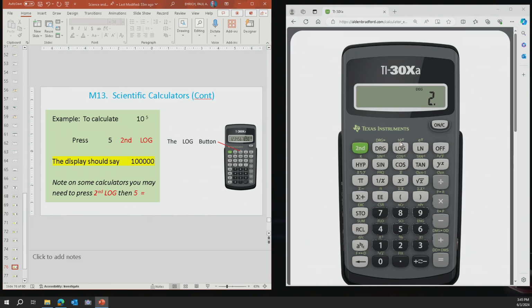That means we need to hit the second function key. So let's clear this. We're going to enter a 5, then press the shift key, the second function key, and then press the LOG button, and then it gives us this number here, which is the same as this number here. So that's how you would do that.